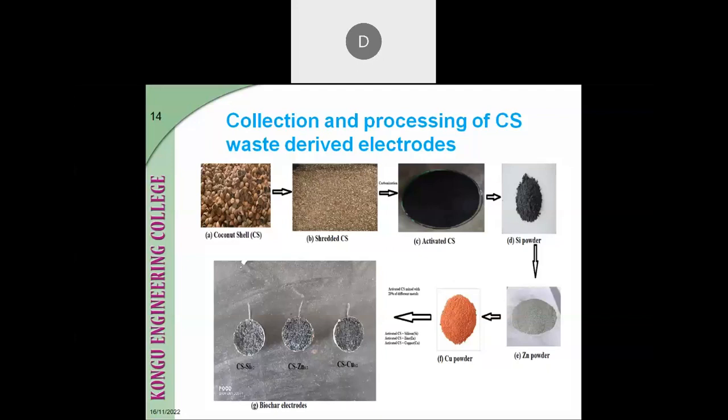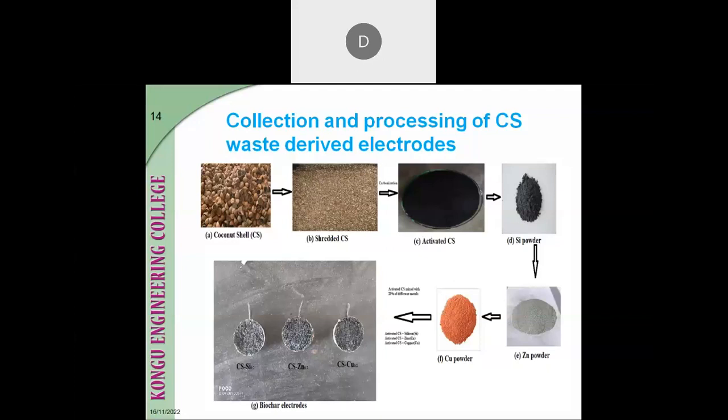The material was then carbonized. That is the most important one. We have to carbonize in a muffle furnace at a temperature of 500 degrees Celsius for about 1 hour, about 60 minutes.